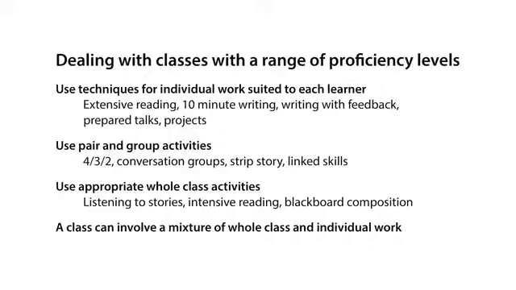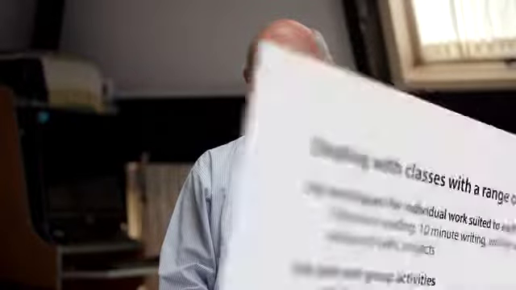The teacher responds to each one individually. Prepared talks is another activity where learners work at their own level of proficiency. Lower proficiency levels can choose topics more suitable to them. They may not need to give such a long talk as learners who are at higher proficiency levels.